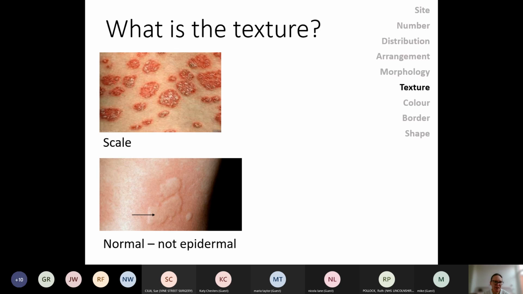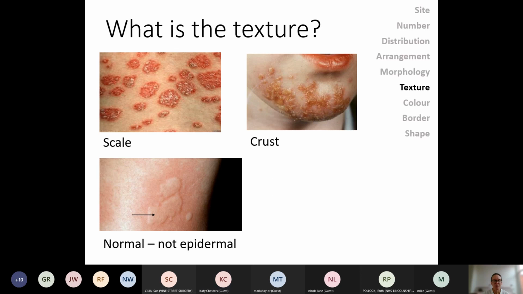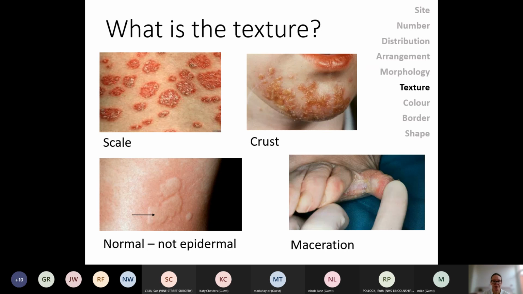Scale, we probably know what scaly means. There's lots of dry, dead bits of skin on the surface. Crusts form when something's weeping, so you're getting fluid out of the skin, and then that dries on the surface, and that's what we call the crust.